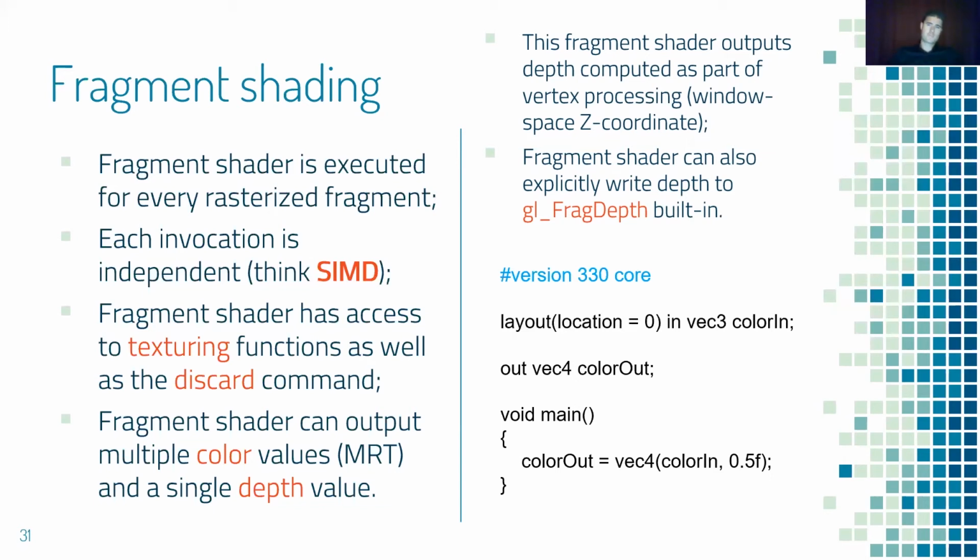Also note that the fragment shader can explicitly write depth by using the gl_FragDepth built-in, which is then written out to the framebuffer. That's essentially fragment shading. It allows us to control how the fragment outputs are computed, and what kind of color, depth and stencil values are written out to the framebuffer. So, depth test.